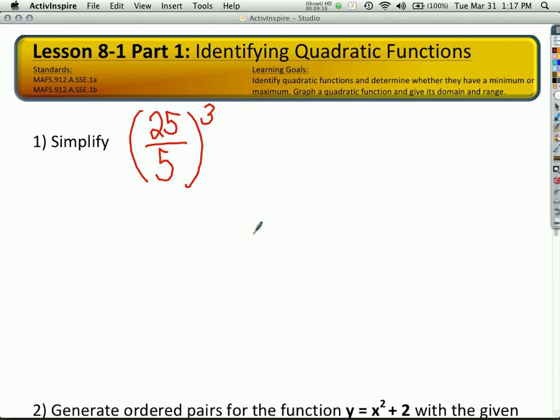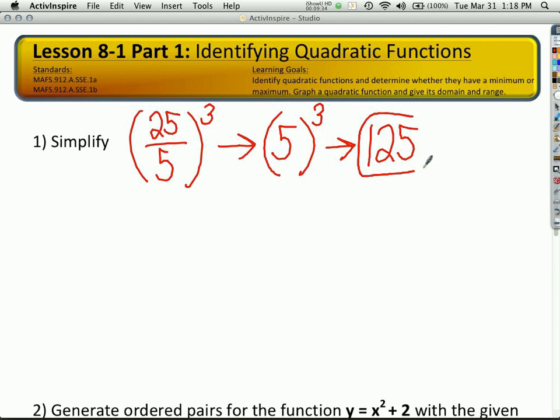So we could do 25 divided by 5, as Marlon said, and that would leave us with 5. But the 3rd power is still there. Then we would do 5 to the 3rd power. Okay. What's 5 to the 3rd power? 125. Okay. So we end up with the results.